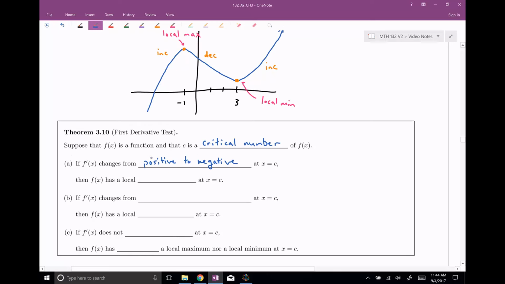If it has a positive derivative, then it's increasing, and then it changes to negative. That means it's decreasing, right? So increasing to decreasing, that means there's going to be a local maximum at c.